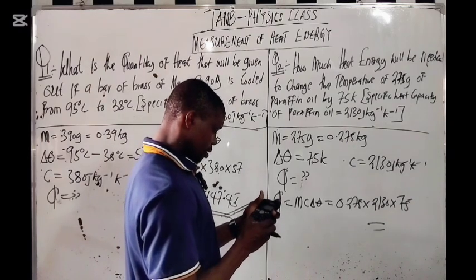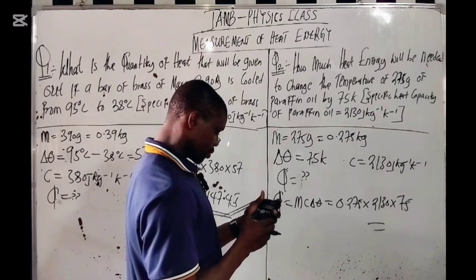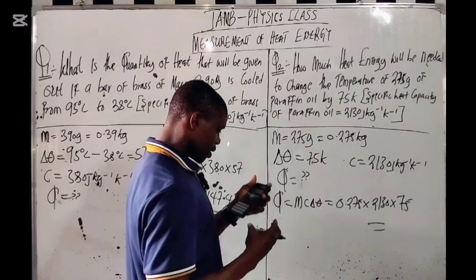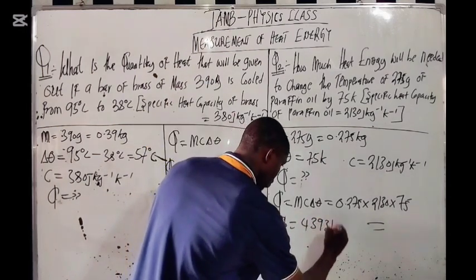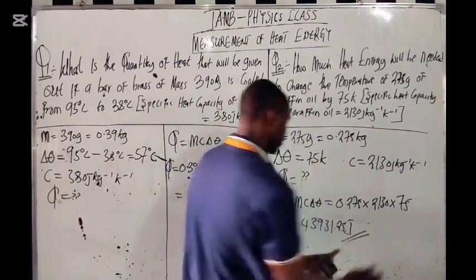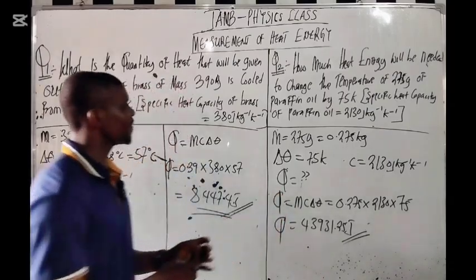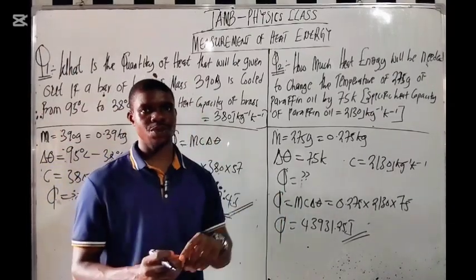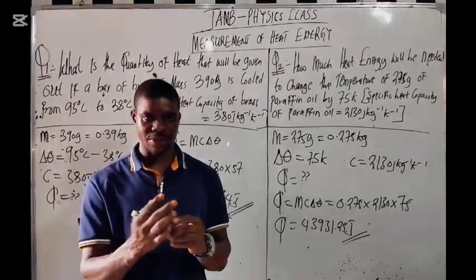We have 43931.25 joules. This is the answer. So you can see how easy it is. Questions like this under specific capacity are very easy. You still have two more questions under this video that we want to solve, so let's solve the next question.